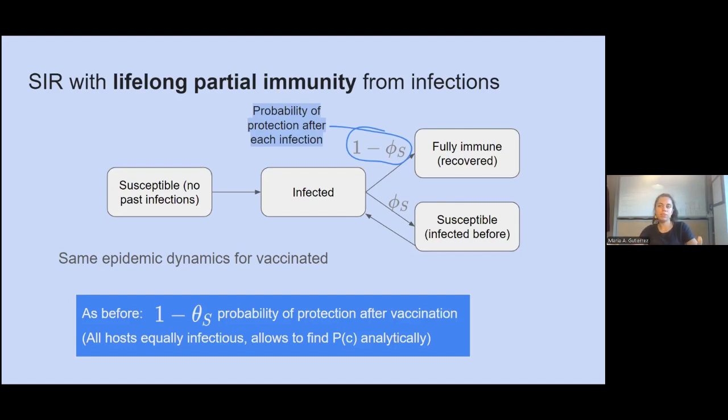I'm not going to go through the mathematical details here, but we can still integrate the final sizes and find the infections in all groups. So naive individuals, reinfections in unvaccinated, and then infections in vaccinated individuals, both first infections or reinfections.